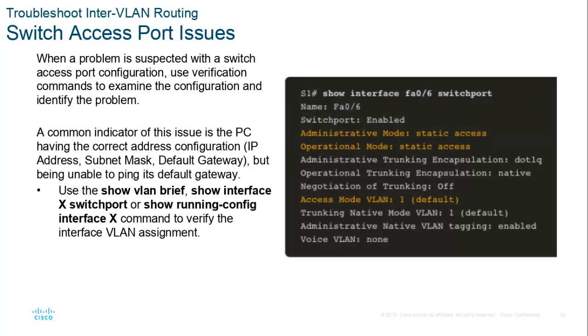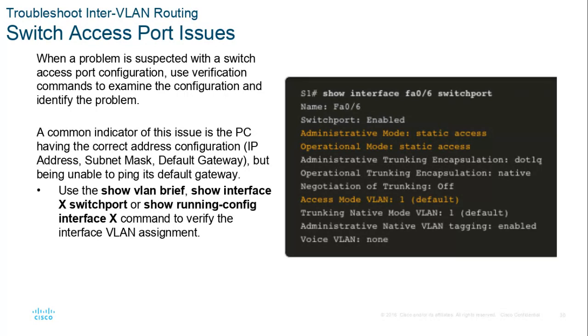Access port issues. Let's make sure that the switch ports are properly configured. Make sure that the host PCs are in the right address subnet mask. So we can use show VLAN brief and, in this case, look what's wrong with this printout of this iOS listing here.